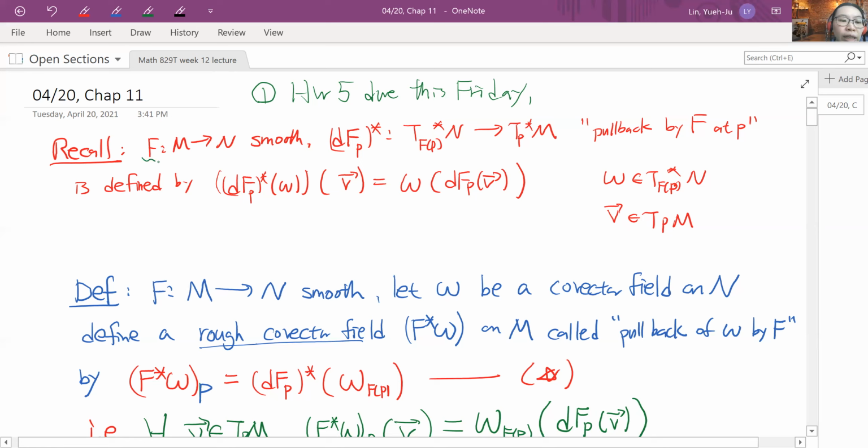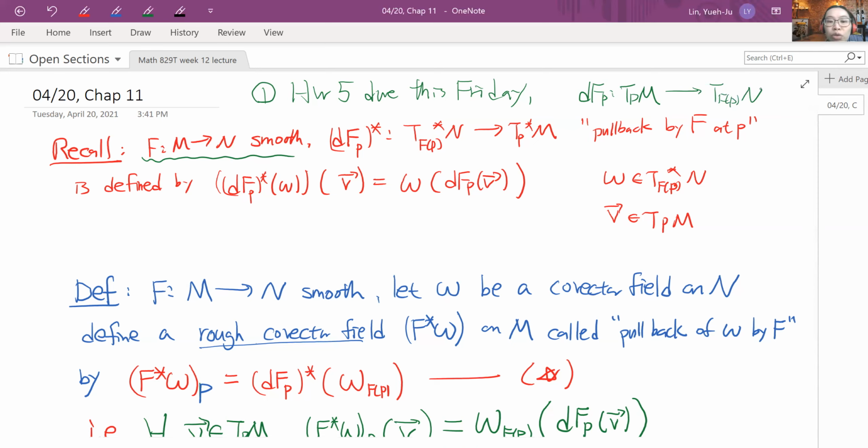Let's say you have a smooth map from a manifold M to N. Then this is what we call the dual map of the differential, right? The usual differential map is from the tangent space of M to the tangent space of N. Now if you want to do the dual of this map, then you need to flip everything. The dual, we usually use a star for the dual.